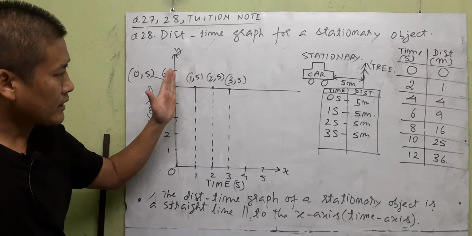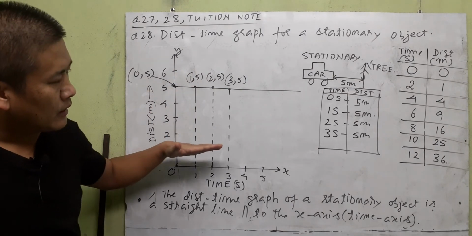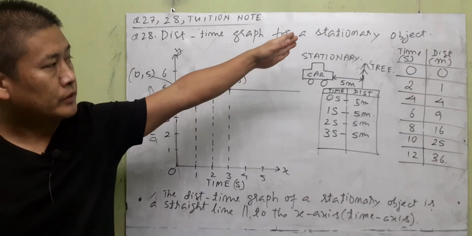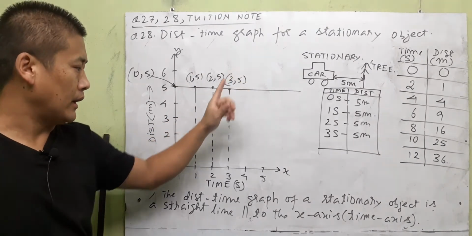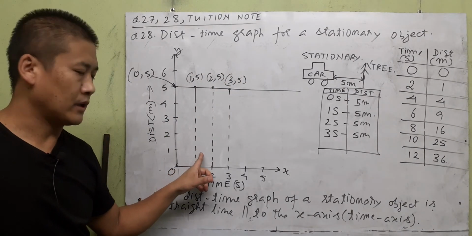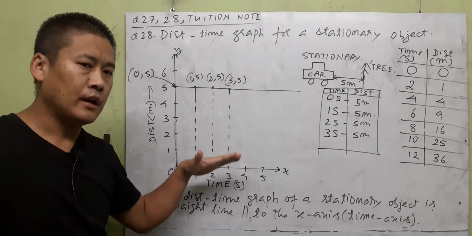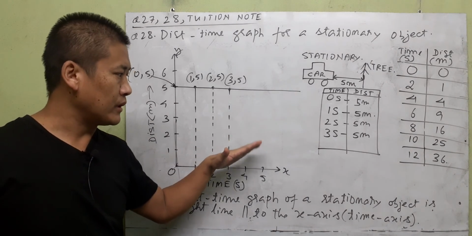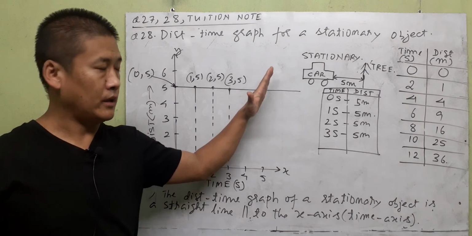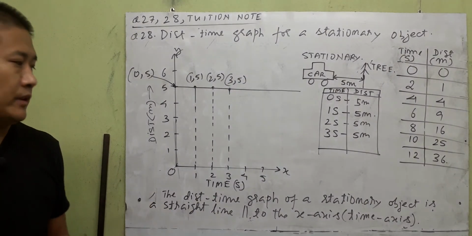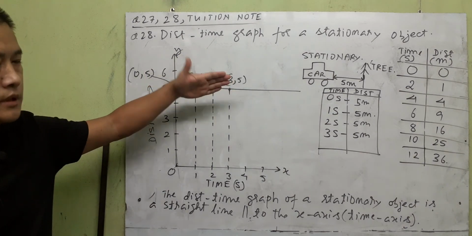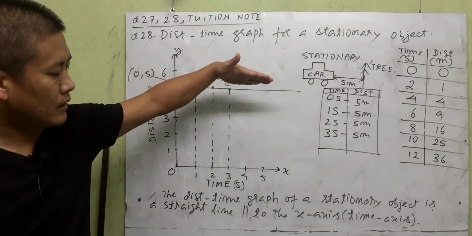And then the next graph is the distance-time graph for non-uniform motion. It's a curve and not a straight line. In that we studied that the portions of the graph where the slope is lesser, the object is moving with lower speed, and the portions with high slope, that's where the object is picking up higher speed. And then for stationary objects, since it's not moving at all, it's a line parallel to the x-axis.